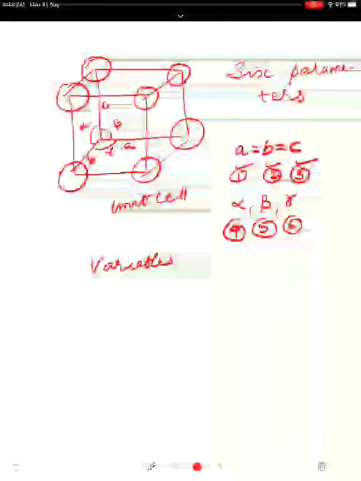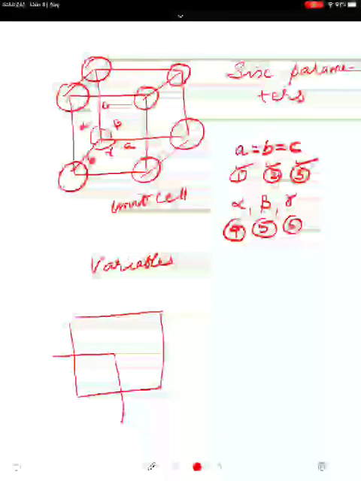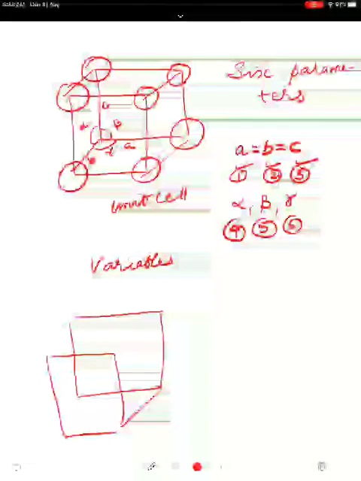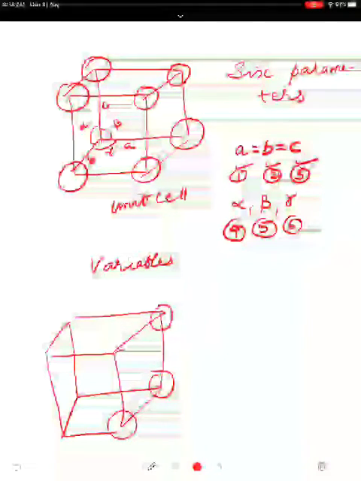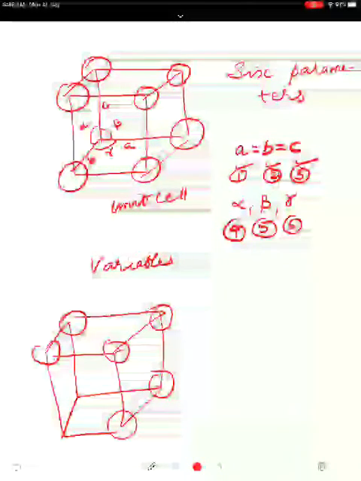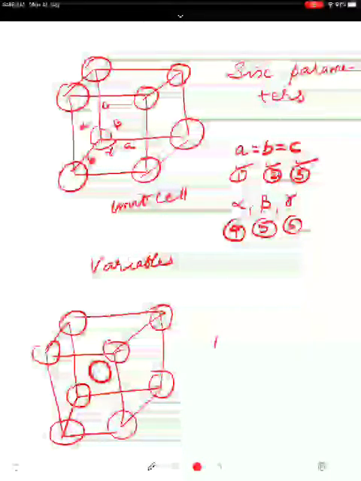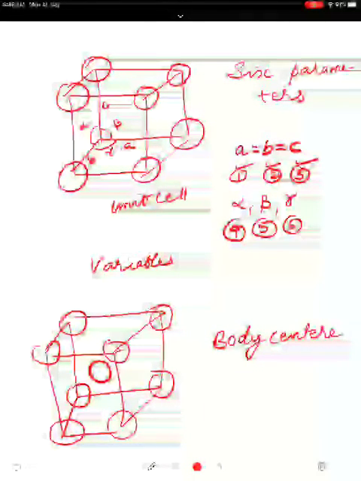So, these are primitive. Centered means maybe in addition to these 8 corners, one may be at the interior center. So, we call it a body centered cube.